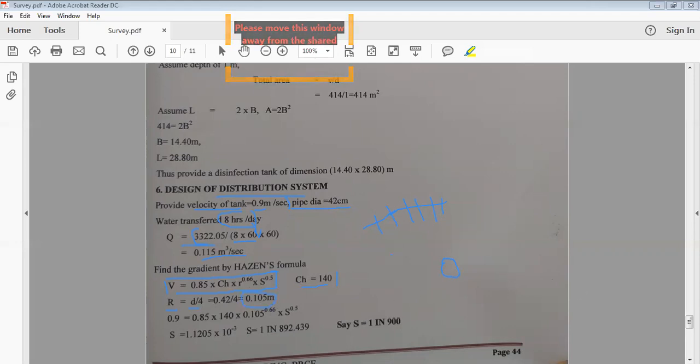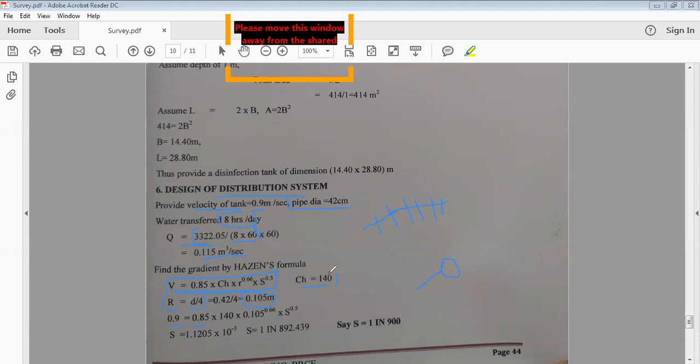The fluid mechanics concept comes in now. I'm not remembering the name of this R value, but R is equal to D by 4 is what we take while designing flow in any circular pipeline, and then you use this in the equation. The 0.85 is already in the formula.